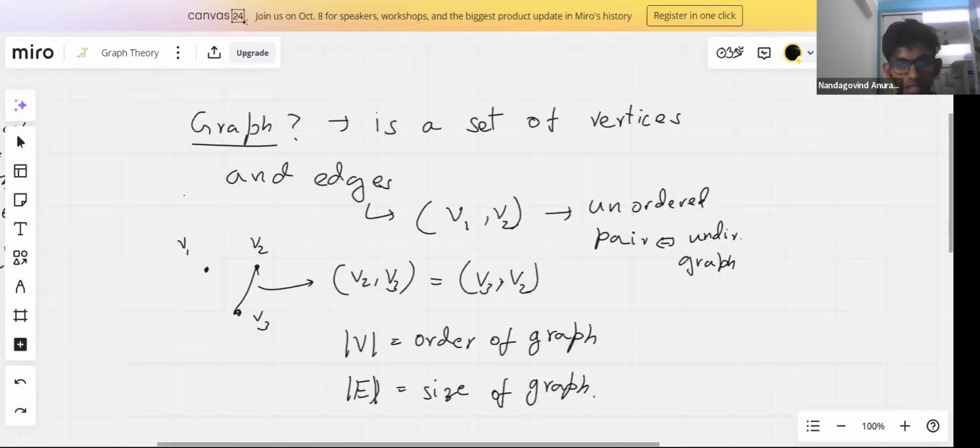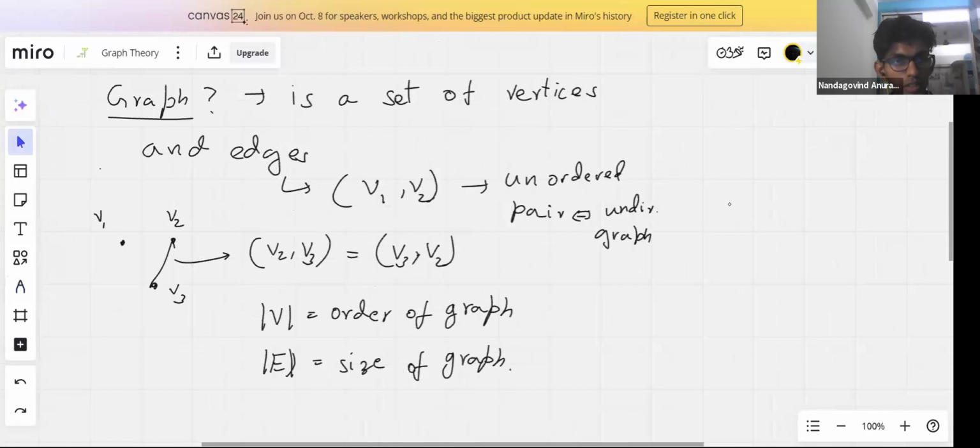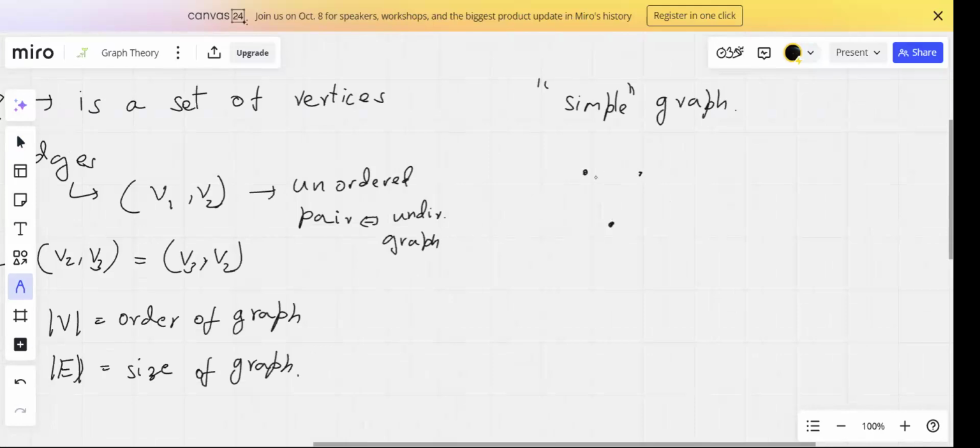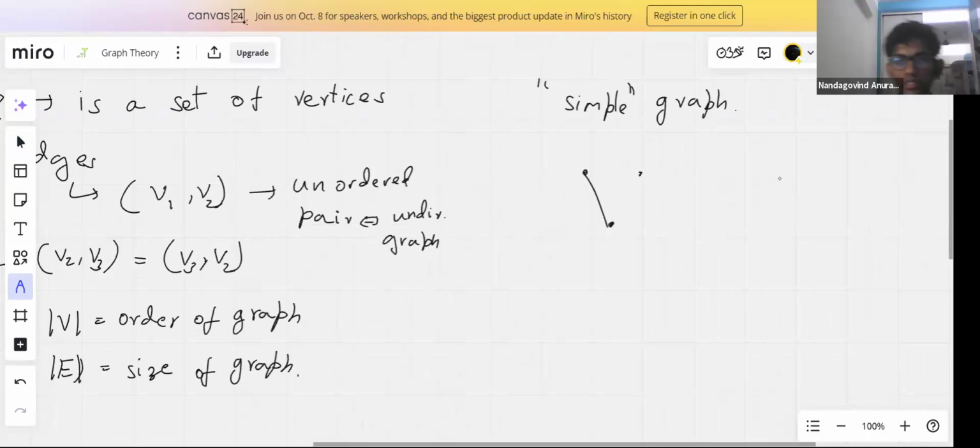Now, that's a graph. Very often in Olympiad, you're going to see the term simple graph. Can any of you guess what would make a graph simple? At most one edge joining two vertices. So condition one is at most one edge between two vertices.